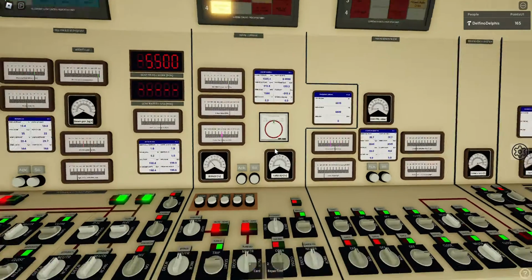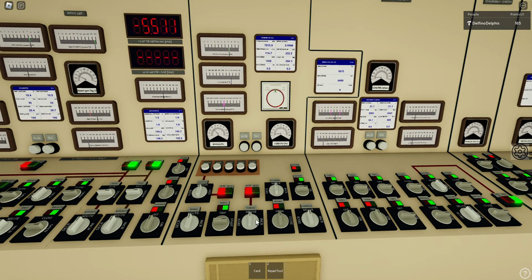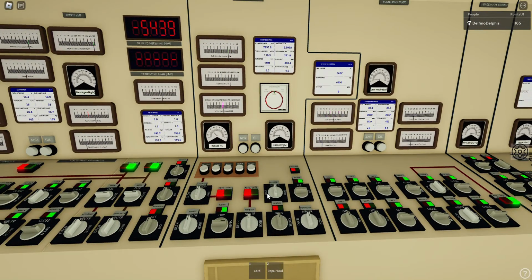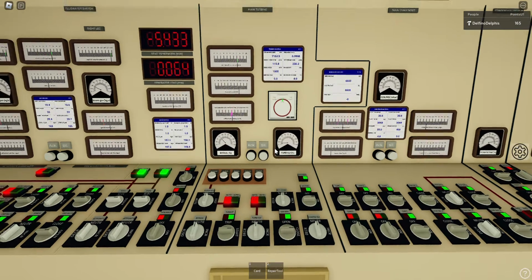This is the perfect setting. Okay, synchronized.